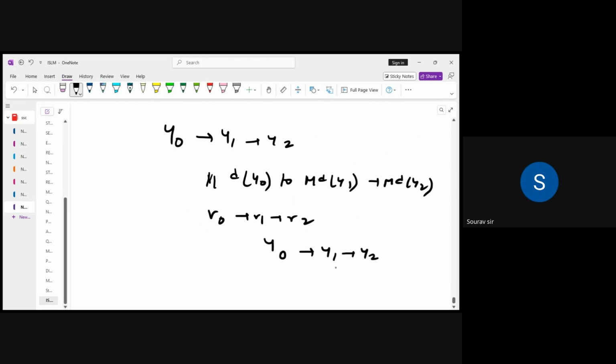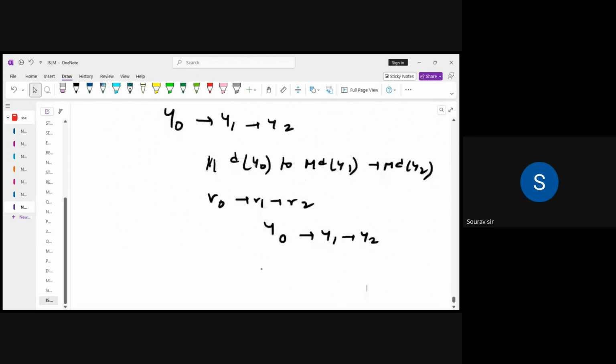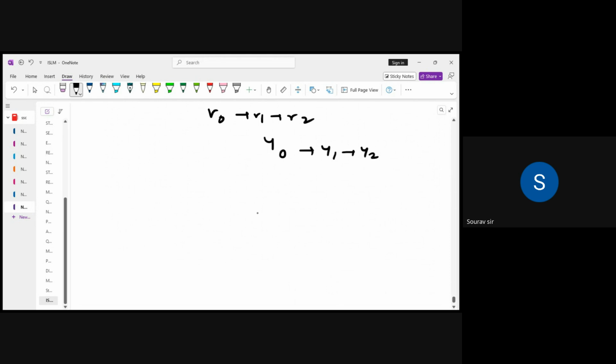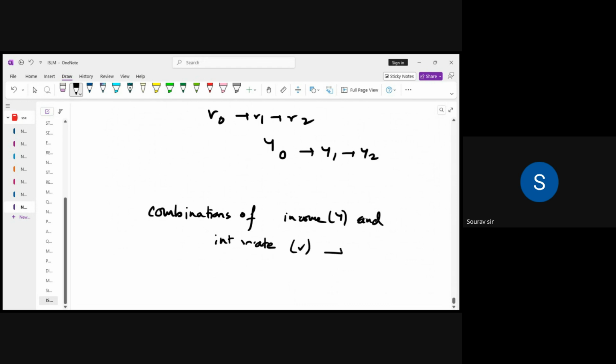In part B, we derive the LM curve by connecting the three points E0, E1, E2, which show the combinations of income and interest rate that equilibrate the money market.